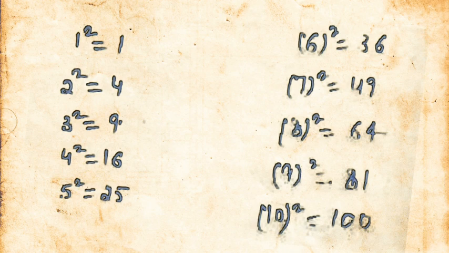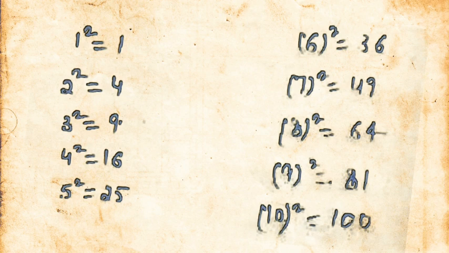So the question is, if you have to check whether a number is a perfect square or not, the necessary condition is that the last digit of that number should be 1, 4, 9, 6, 5, 6 again repeated, 9 again repeated, 4 also repeated, 1 also repeated, and 0.